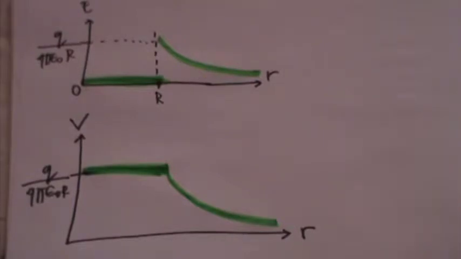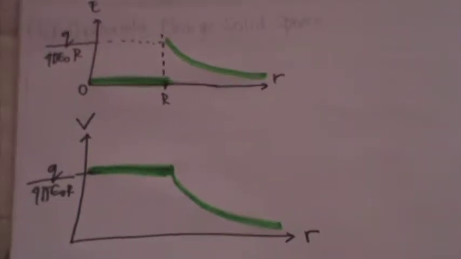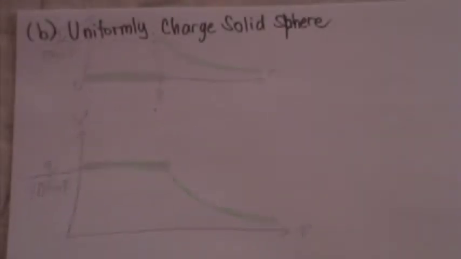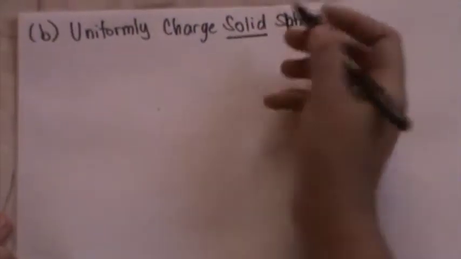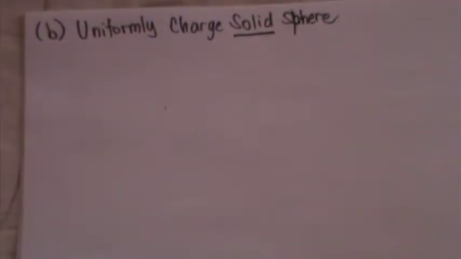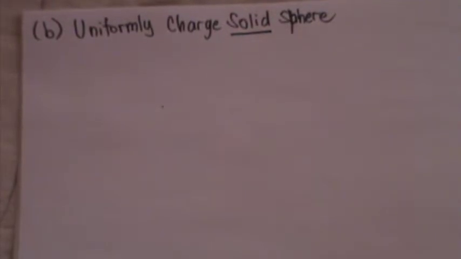So this is the graph for the electric field and electric potential of the shell. The next problem says that we have a uniformly charged, this time a solid, it's not a shell anymore, so a solid sphere.